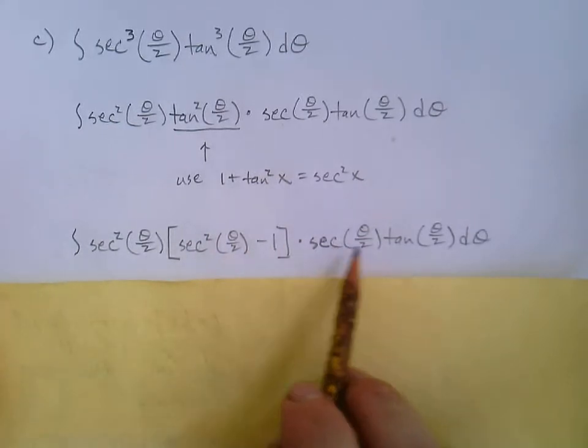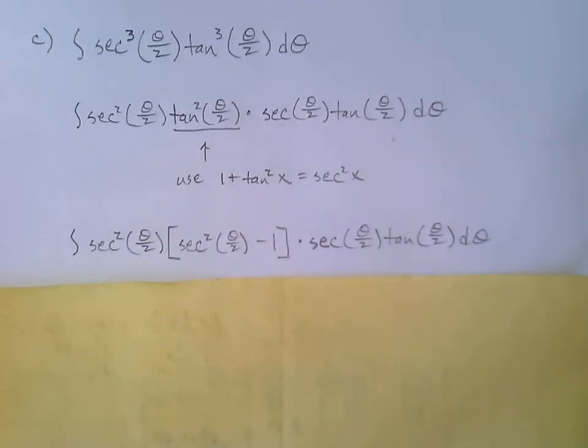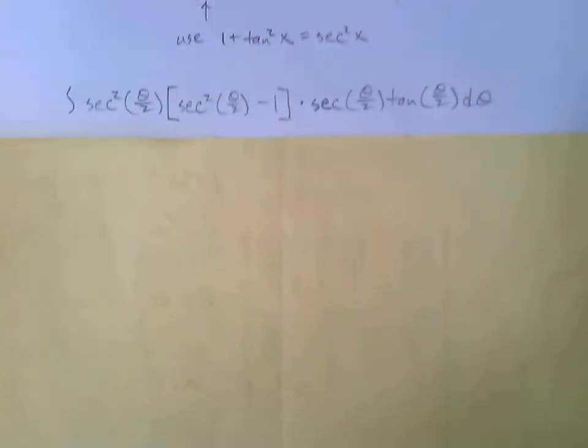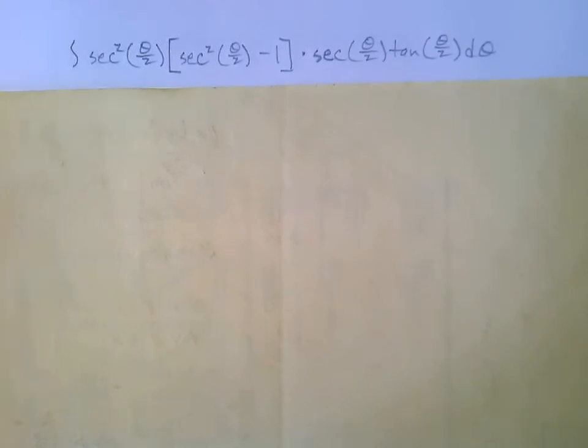All the other parts are just copied down. Kind of nice about lecture videos, right? You can pause, go back and listen to me again. So what's next? Let's do our u sub.